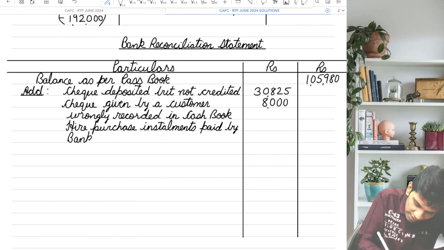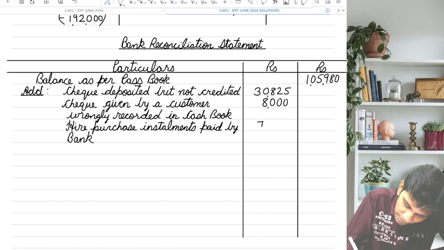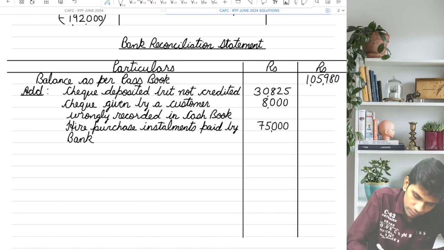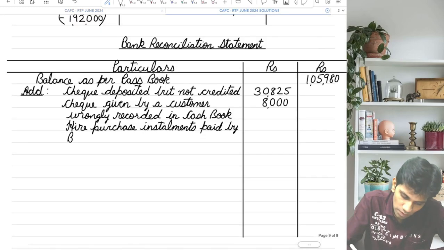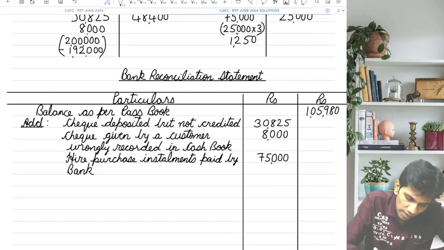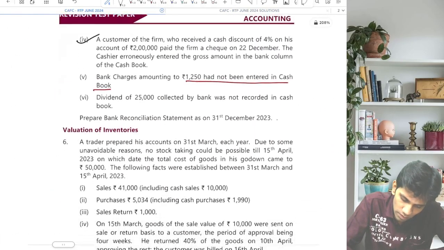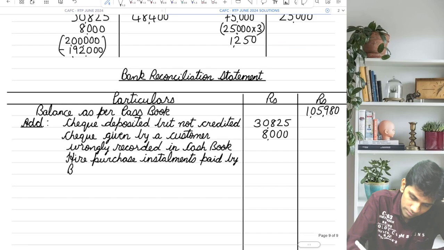That is 25,000 into 3. 75,000. Next, 1250. Bank charges debited by bank.